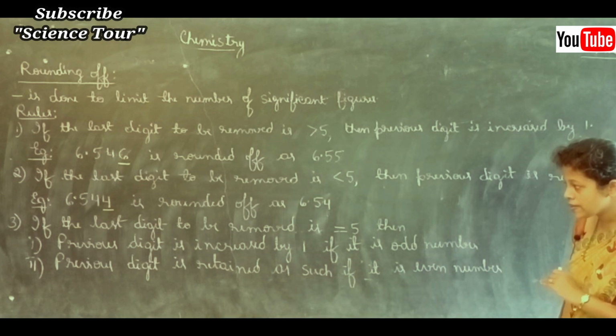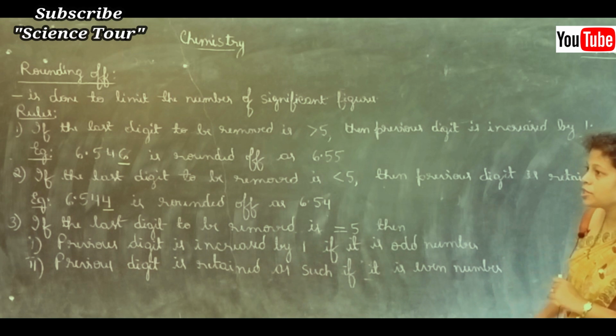If the previous digit is an even number and the last digit to be removed is equal to 5, then it is kept as it is.